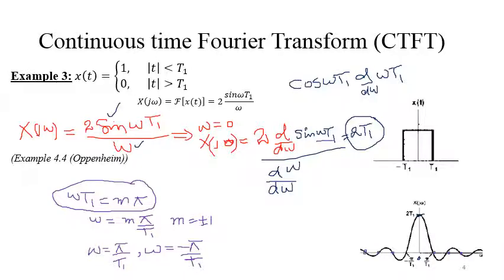I hope this gives you an idea, right? So this is the sinc function. The resulting sinc function is plotted here. Because when you put omega equals to 0, we have the 0 by 0 form, for which we use the L'Hopital rule, right? So I think that's all for this example.